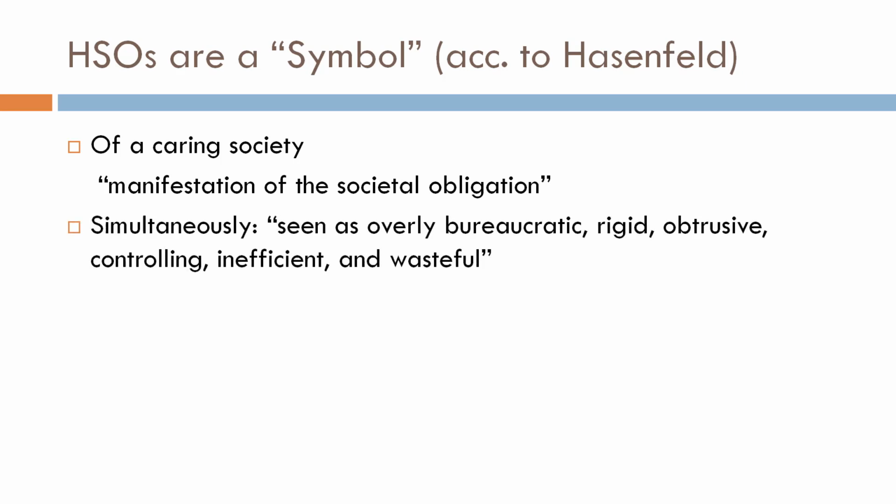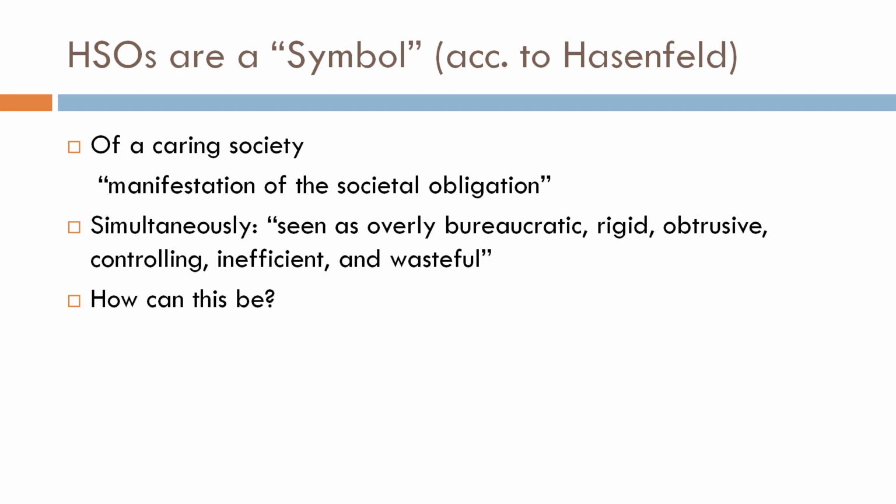Simultaneously, HSOs are seen as overly bureaucratic, rigid, obtrusive, controlling, inefficient, and wasteful. So how can this be? How can they be simultaneously this symbol of how much we care about our citizens and then simultaneously have all these negative connotations?